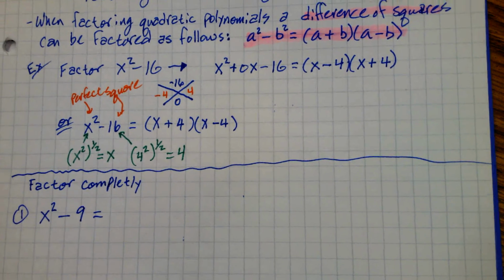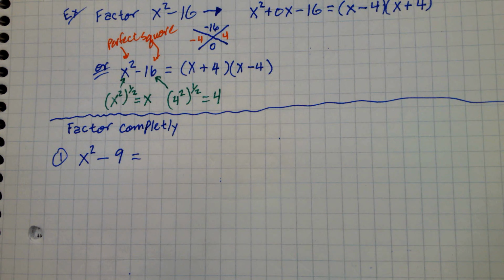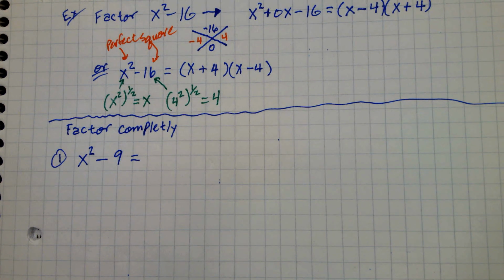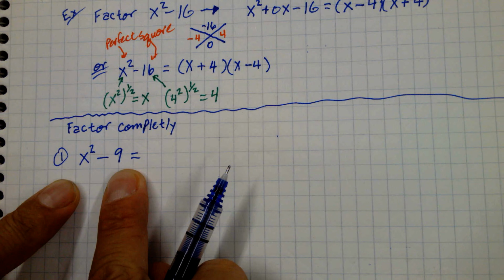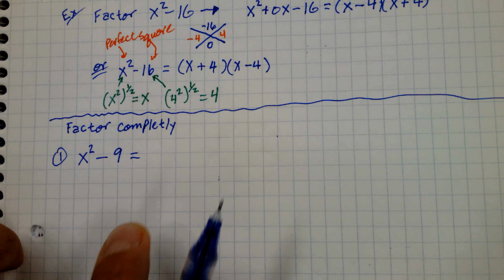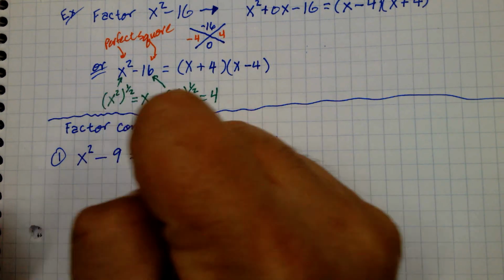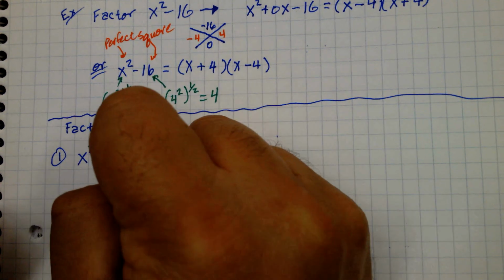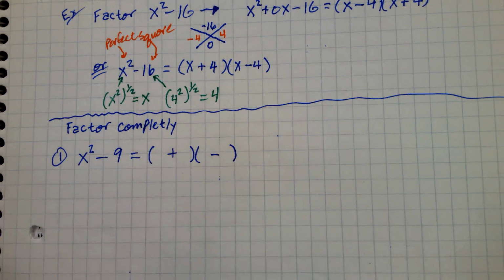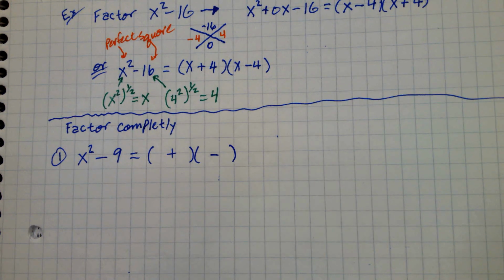Okay, so let's say we have x squared minus 9. Just recognize, do we have 2 perfect squares? Yes, we do. X squared is a perfect square, obviously, and 9 is a perfect square. So if you have that, just put a plus and a minus. Figure out what your a value is.